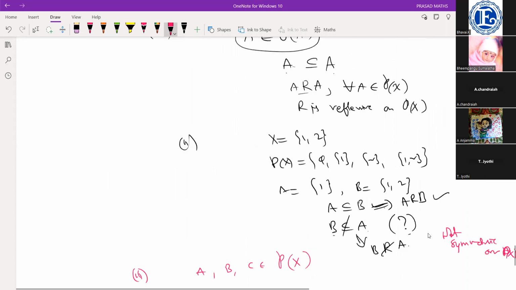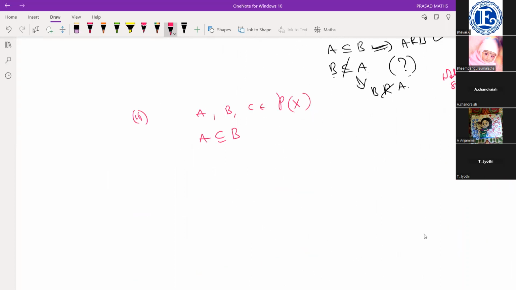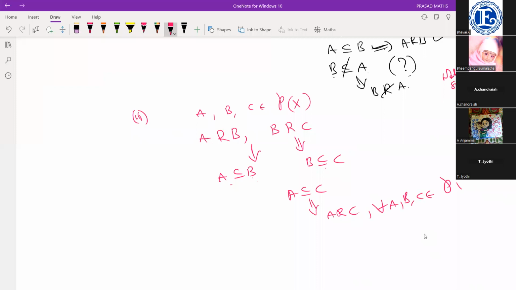You take A related to B, and B related to C. So A is a subset of B, and B is a subset of C. Then A is a subset of C, which means A is related to C. So when A is related to B and B is related to C, automatically A is related to C. This is true for any three elements in the power set. Therefore, it is transitive.